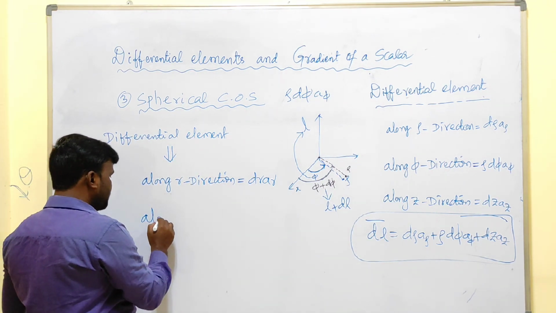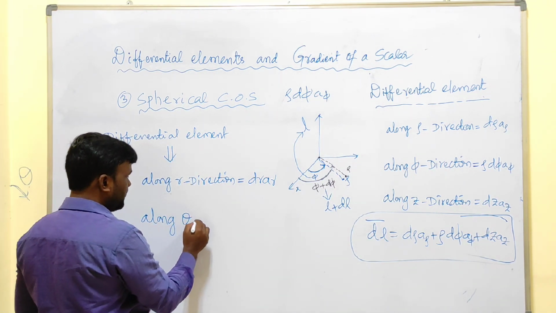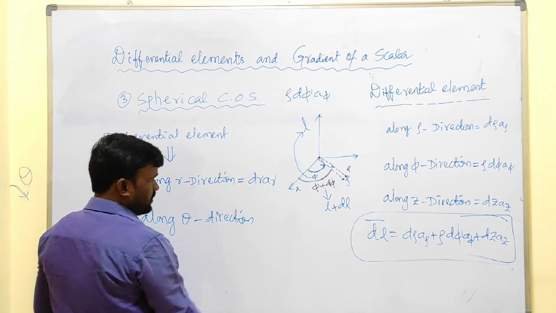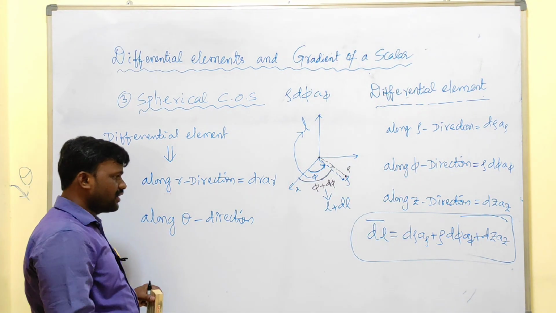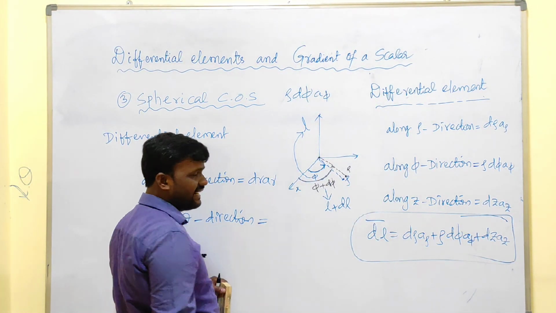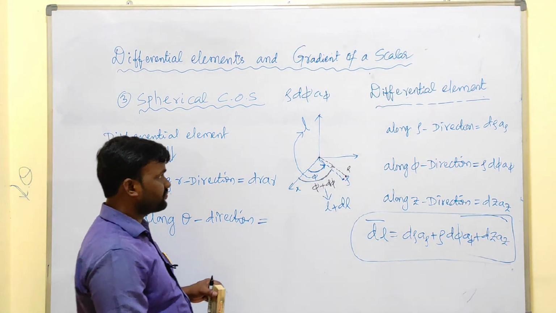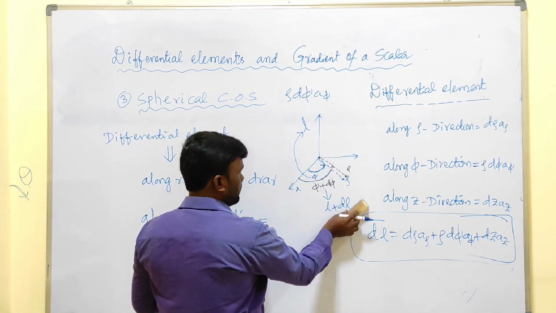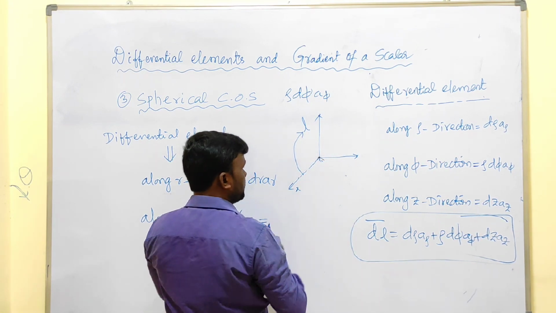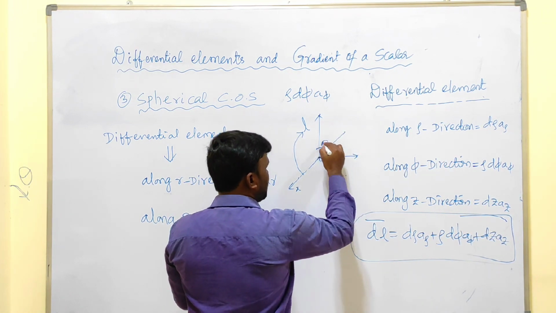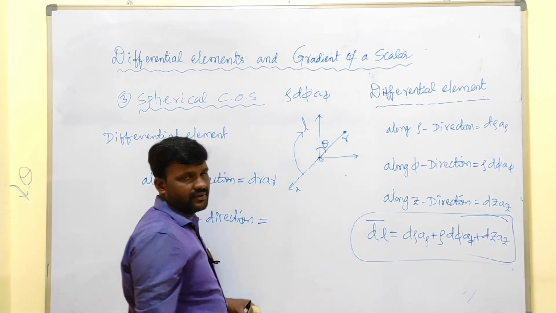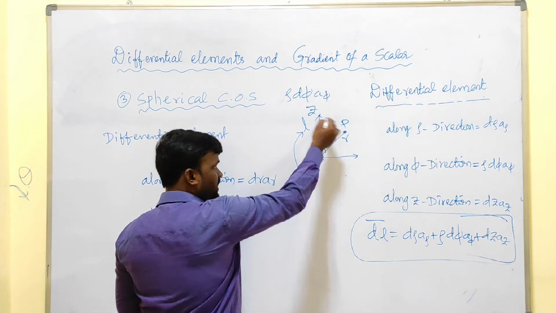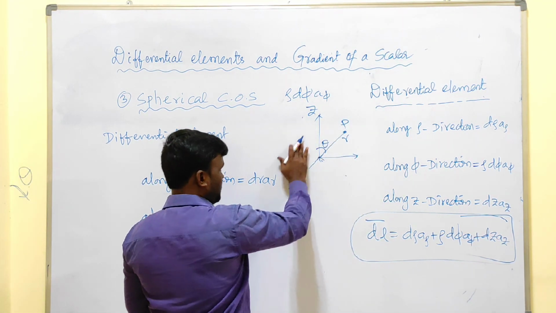Along theta direction in case of spherical coordinate system, what is theta? Theta is the angle made by this r with z axis, where r is the position vector of the point P. This is nothing but the radius of the sphere.